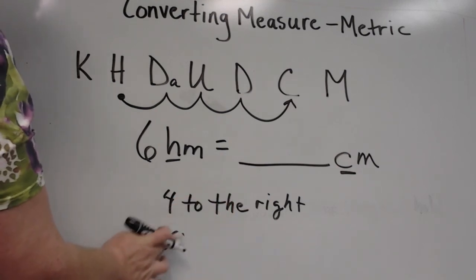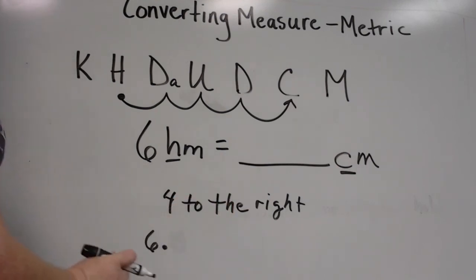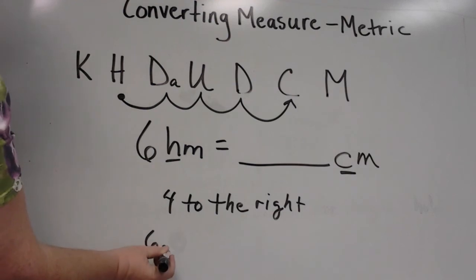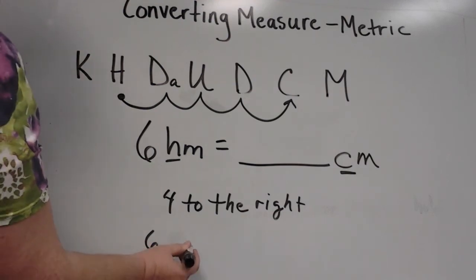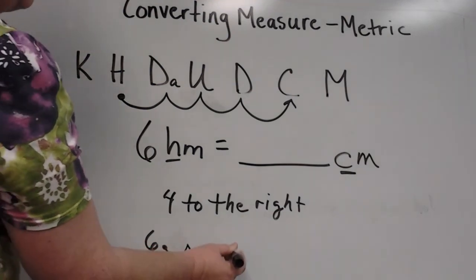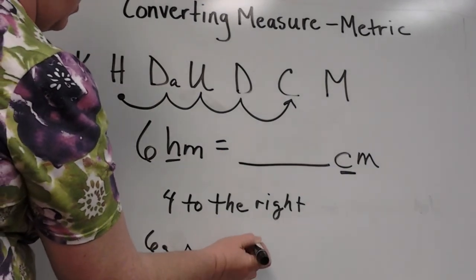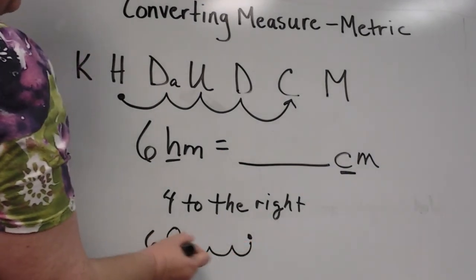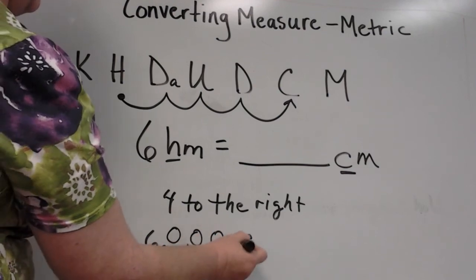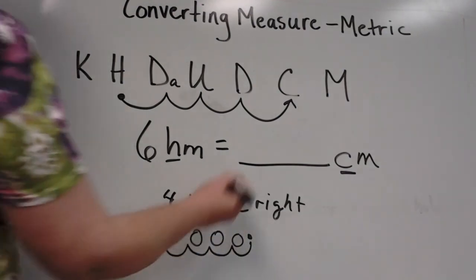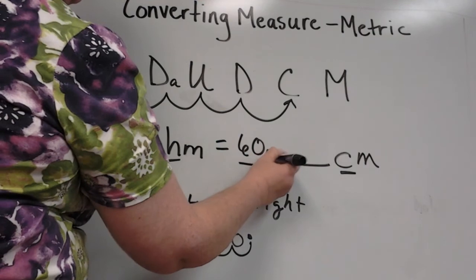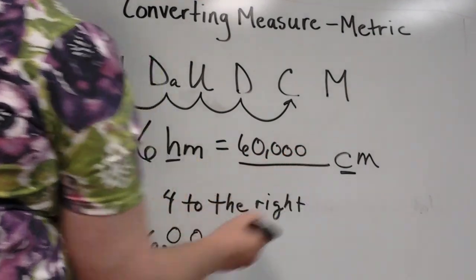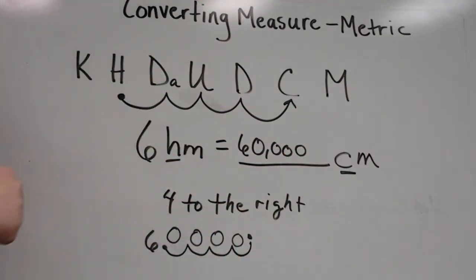Either way, isn't that the same thing? We're going to move this decimal 4 places to the right. 1, 2, 3, 4. Put our new decimal and fill in the zeros. Wow. So that is 60,000. 6 hectometers is 60,000 centimeters.